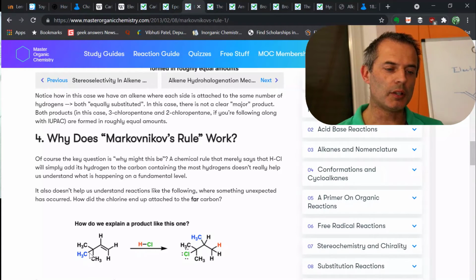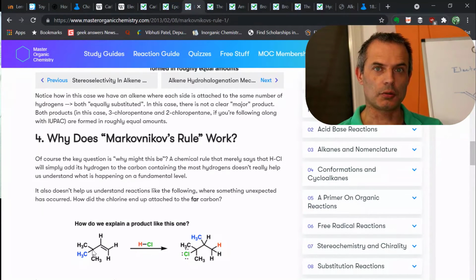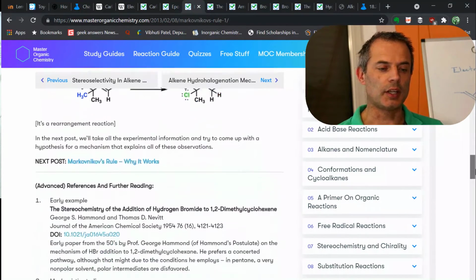So there will be a methyl shift from here to here, bringing the positive charge to the end, making it a tertiary carbocation, which is much more stable, and that can then react. So it's a rearrangement reaction of the carbocation to make the lowest energy carbocation, and then it reacts with the chloride ion. They're probably going to tell us that on the next page.